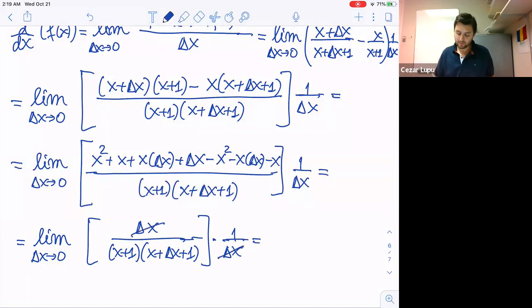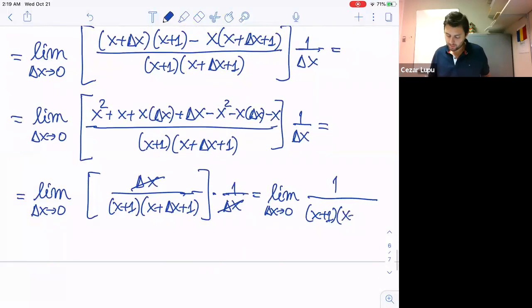These two will cancel, so this would be nothing else than just the limit as delta x approaches 0 of 1 over x plus 1 times x plus delta x plus 1.